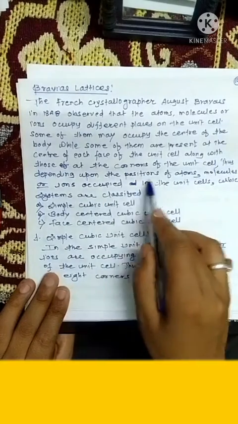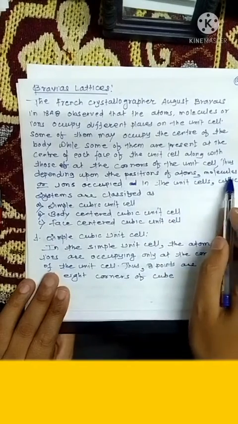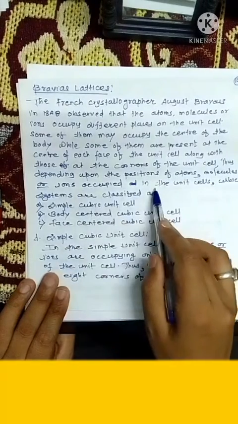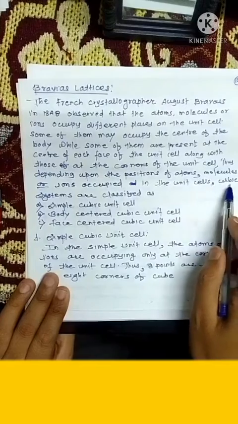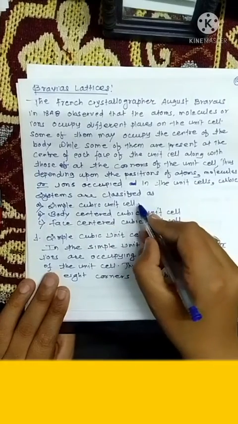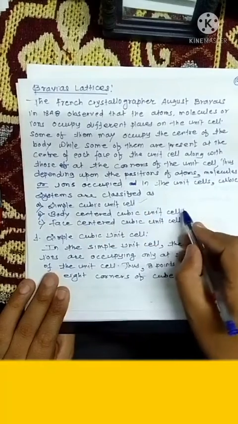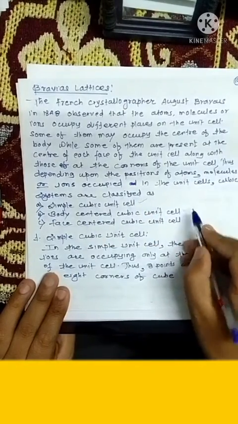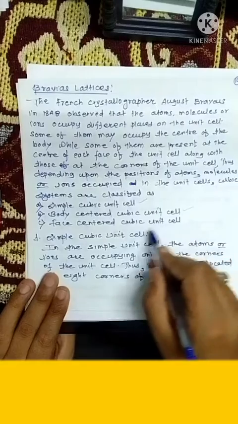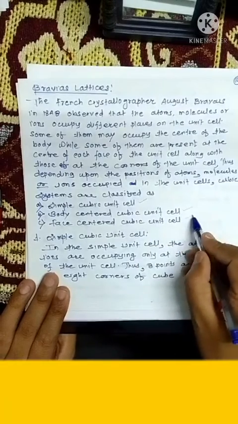Thus, depending upon the position of atoms, molecules or ions occupied in the unit cell, cubic systems are classified into simple cubic unit cell, body centered cubic unit cell, face centered cubic unit cell.